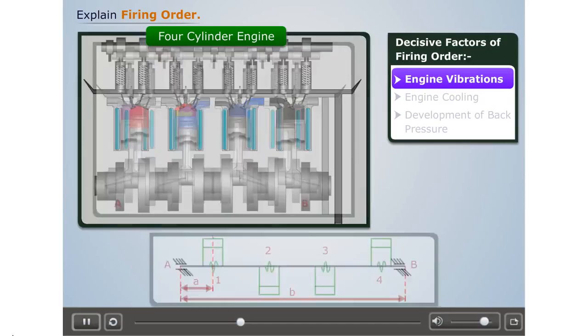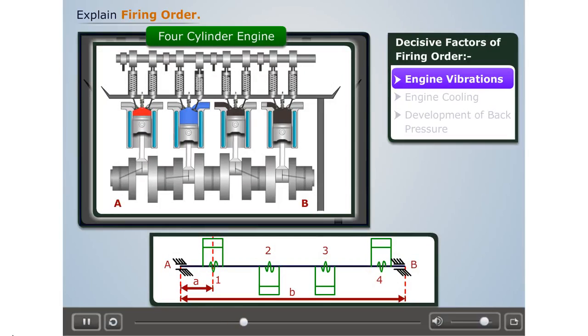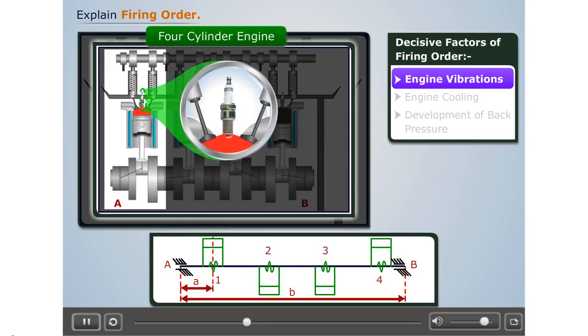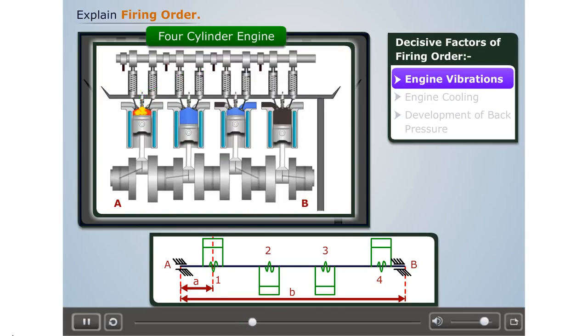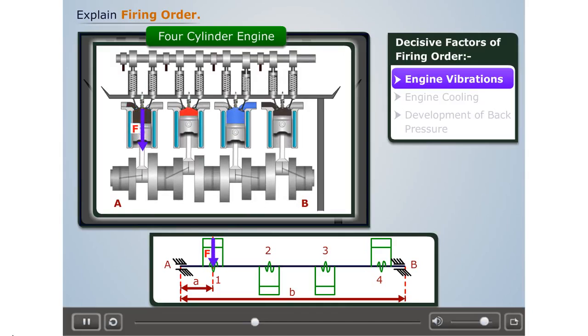Now, let's try to find out the firing order of the 4-cylinder engine we had considered. Let's consider that the first cylinder is fired. Now the force F acting downwards on this cylinder gives rise to forces in bearings A and B of magnitude F × B/(A+B) and F × A/(A+B) respectively.